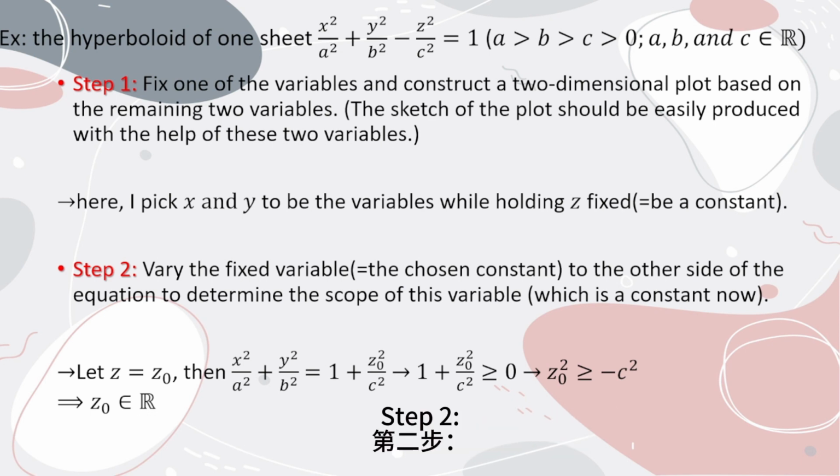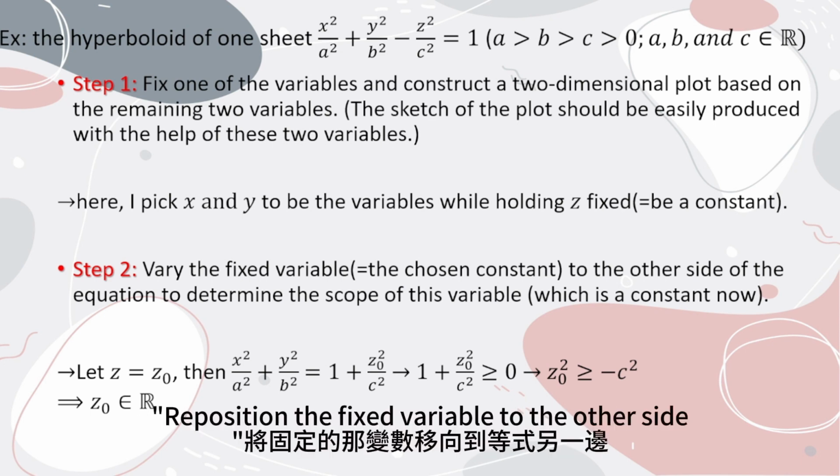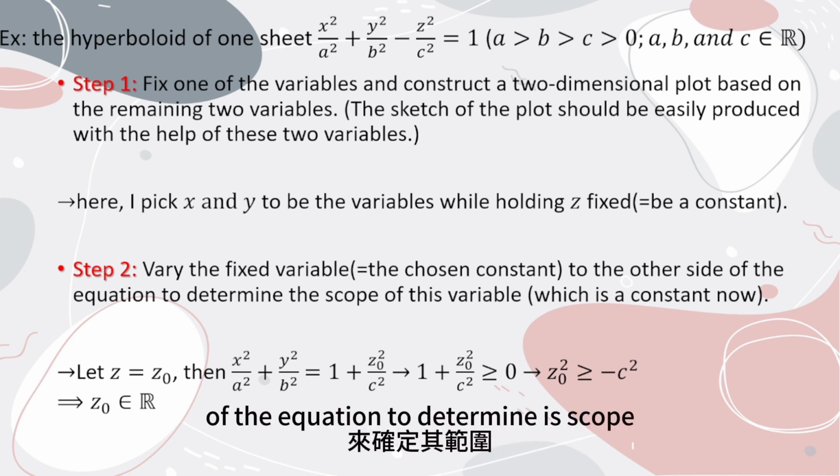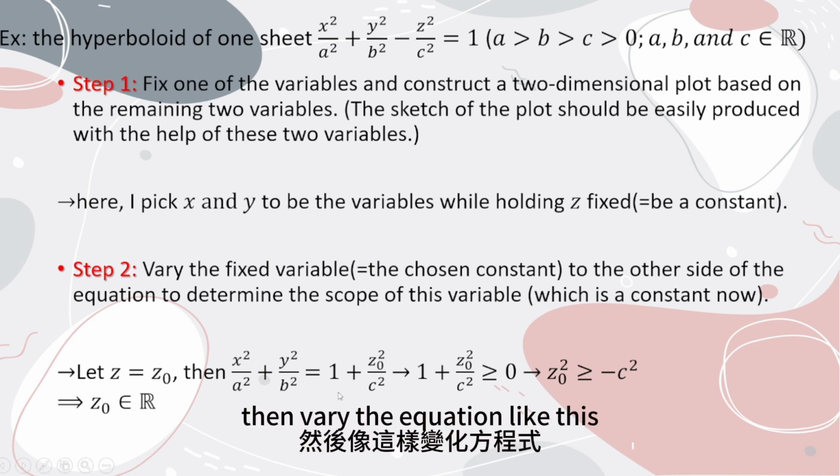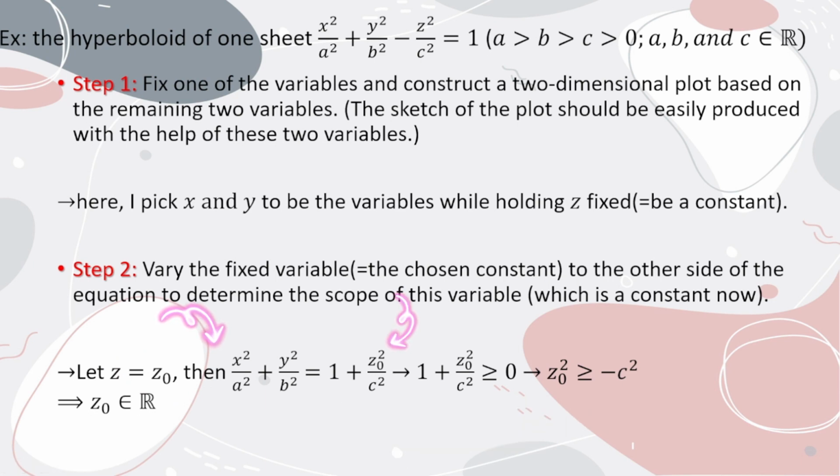Step 2: reposition the fixed variable to the other side of the equation to determine its scope. Here we let z equal z sub 0, right? Then vary the equation like this.